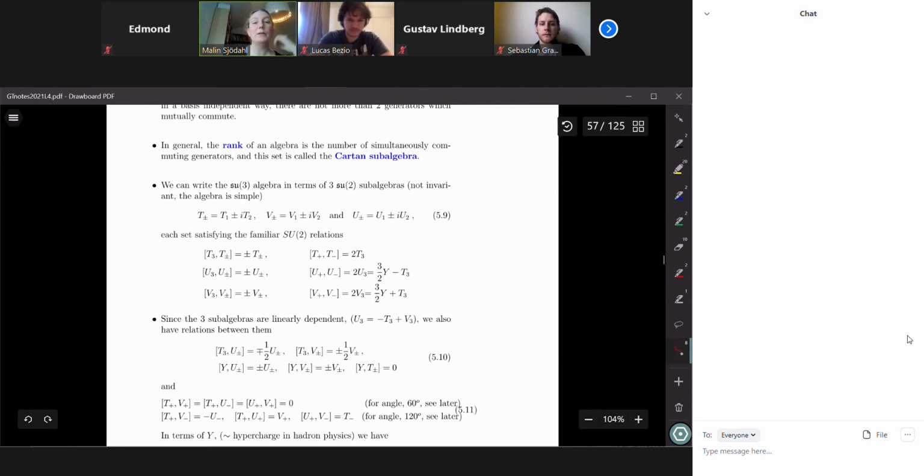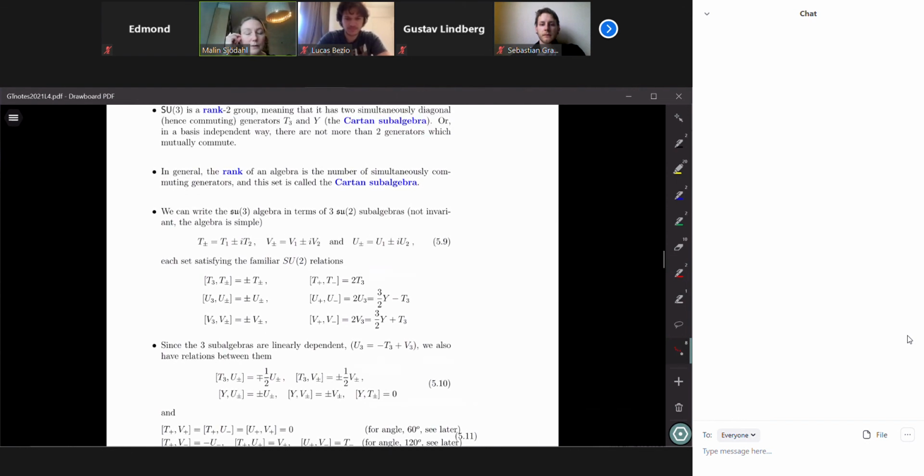The algebra is simple. That essentially means that if you do a similarity transformation from the SU(3) group, you will mix them, so we don't have an invariant subalgebra. Let's get back to that later.